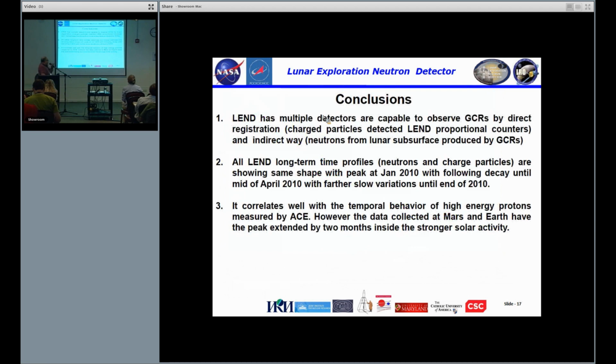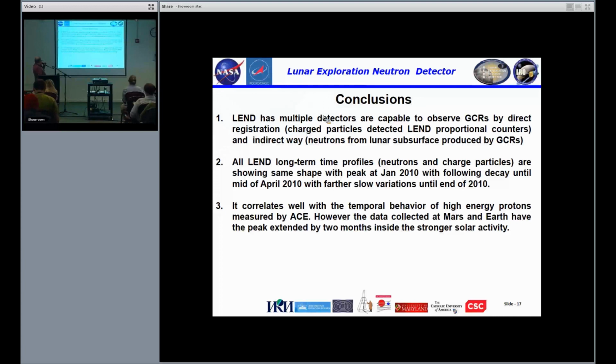Now I come to the conclusions. LAND has multiple detectors, as I mentioned: charged particles, neutrons, and others. The profiles of neutrons and particles show the same shape, with a peak in January 10 and a following decay until mid-April 2010.